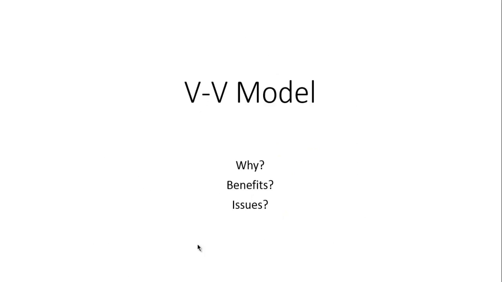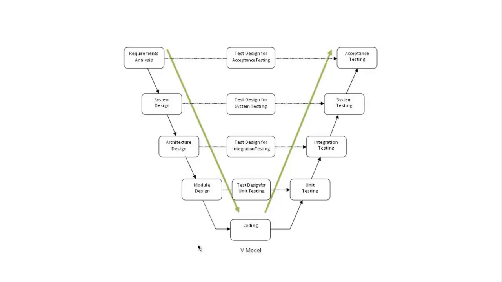That's where the V-model, also known as the validation and verification model, comes in. As you can see here, this model is called the V-model because in the first phase it verifies your requirements and then validates your built software.